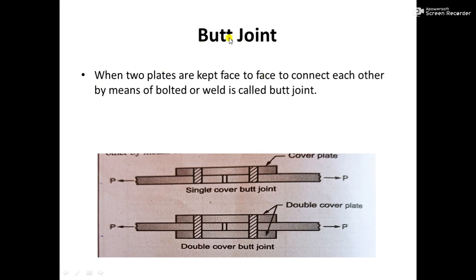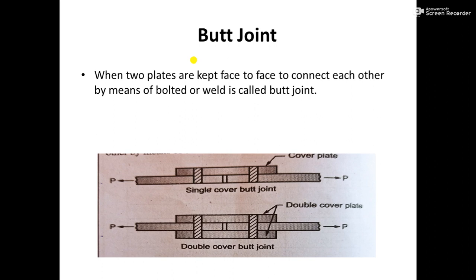As the name suggests, butt means in front of each other. Here, the two plates which are to be connected are not overlapped on each other, but are placed in front of each other, and then another plate is provided below or on the upper side of these two plates, and then the connection is made.